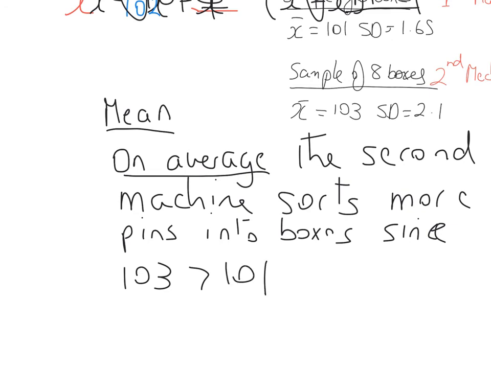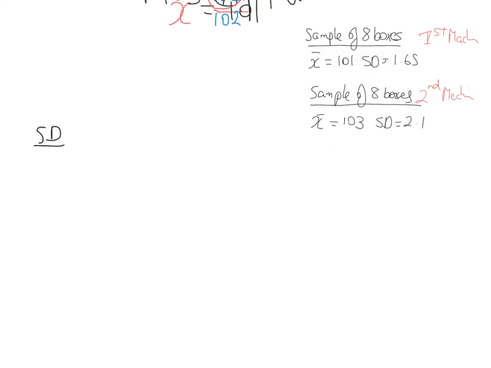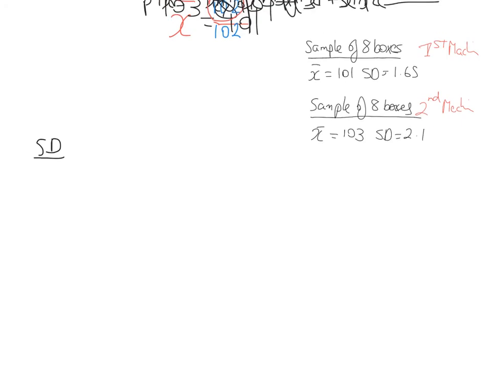We're now going to comment on the standard deviation. The standard deviation is a measure of spread, so the second comment on the standard deviation will include the context of the question, a numerical comparison, and a comment on the spread. So we can see that the standard deviation for the second machine is greater than the standard deviation for the first machine.